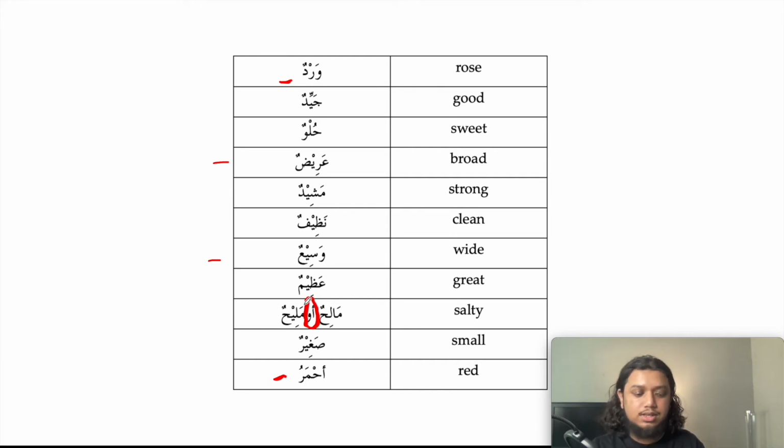You need to understand the concept of adjectives, because otherwise you will not be able to use descriptors, and your understanding of Arabic will be very dull and bland, and we won't be able to understand things like the Quran and the Salah and whatnot. So it is very, very important to understand this concept of murakkab tawsifi.